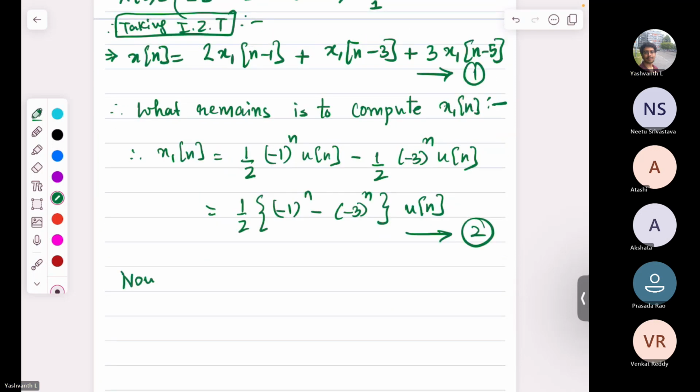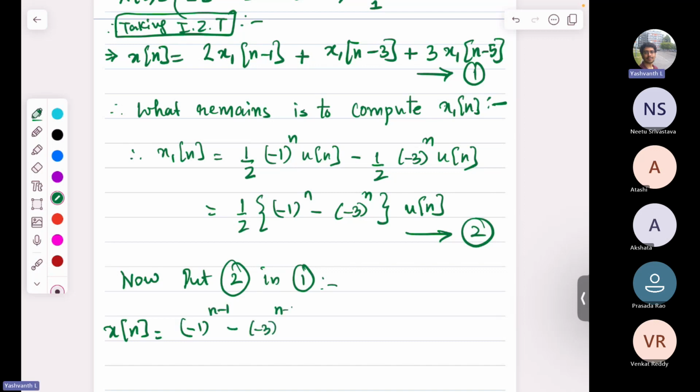Now put 2 in 1. I found x1 of n, so substitute in equation 1, which gives you x of n. For the first term, 2 and 2 cancel, so it is just (minus 1 power n minus 1 minus minus 3 power n minus 1) into u of n minus 1.